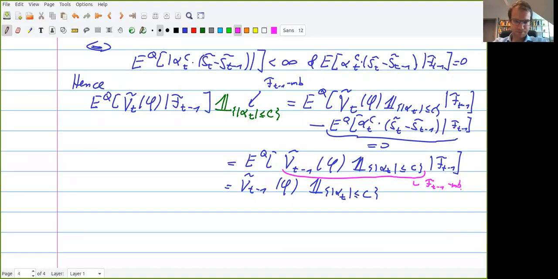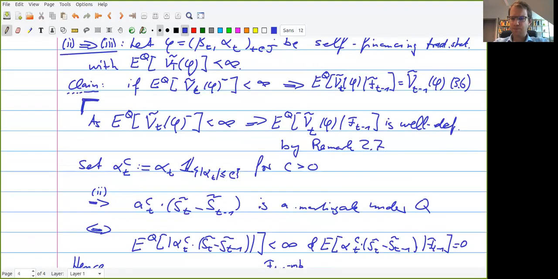Okay, that's good. Because now the only thing I have to do is sending c to infinity. Then the event goes to the entire set omega. This yields our claim, and this is the claim I made, that I have basically the Martingale property in the t-th trading period.